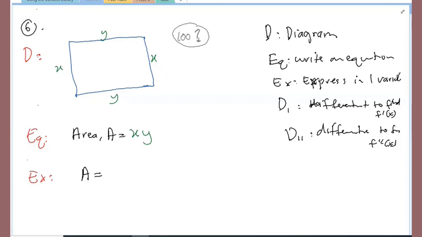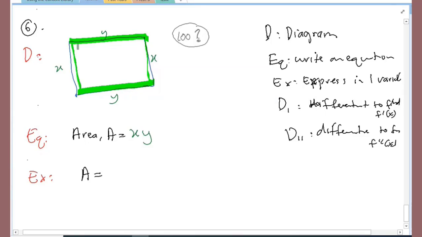You have to surround it, and the total of all sides is 100. So how do we relate the variables? Is it area, volume, surface? No, it is perimeter. 2x plus 2y equals 100. Good, that is the perimeter.